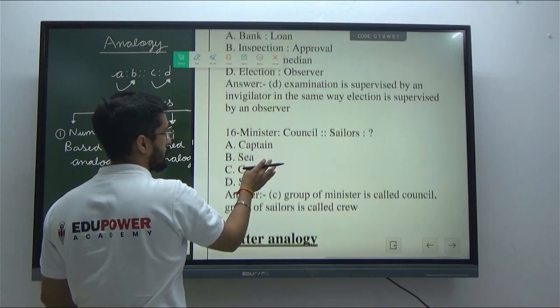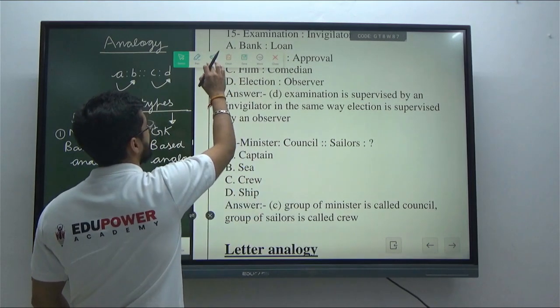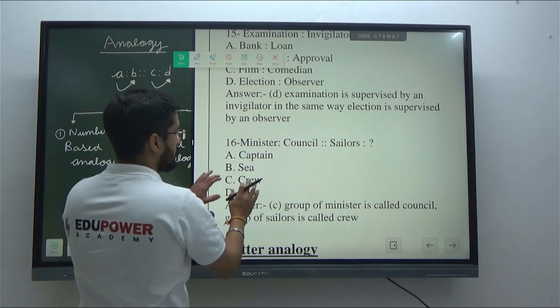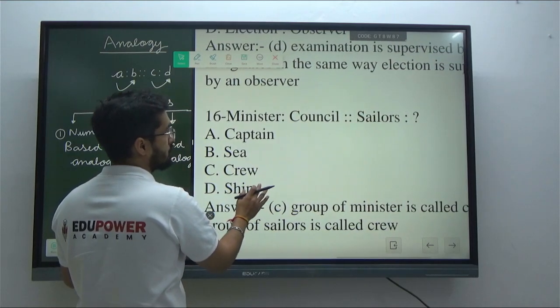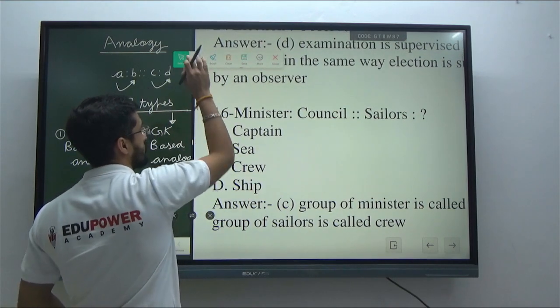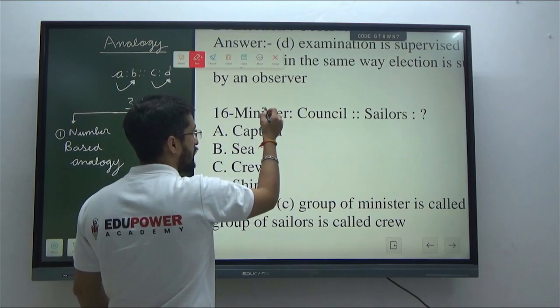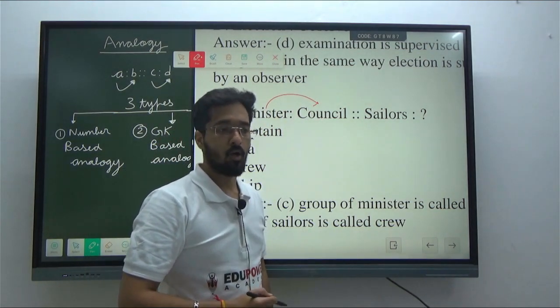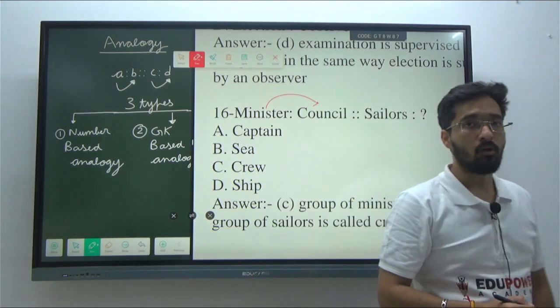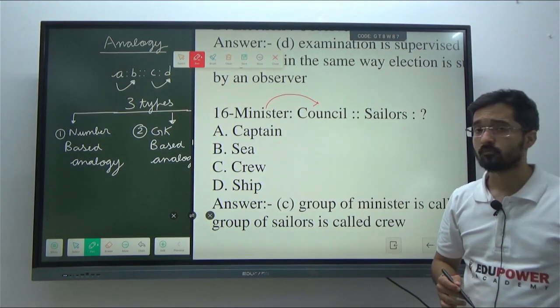Next question, question number 16. Minister is to council, so sailors is to question mark. So we know that a group of ministers is called a council, right.